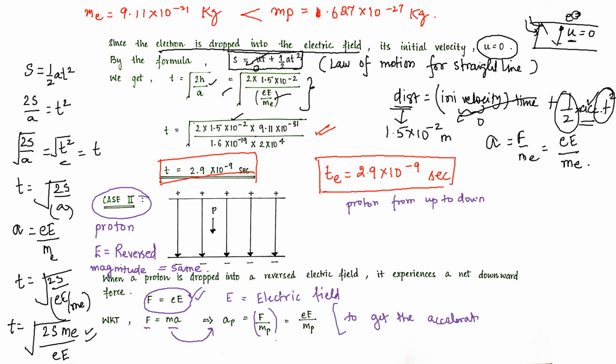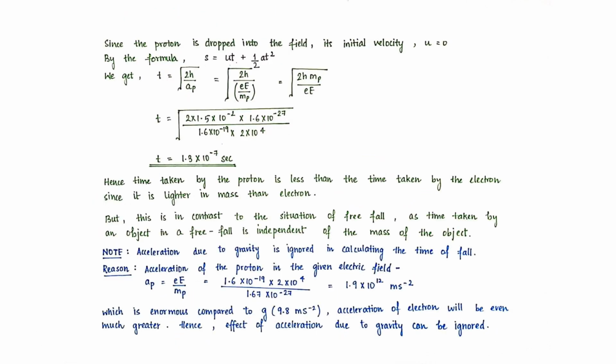Okay, now again we will substitute all the values of e, E and m_p to get our value for acceleration, and then again using the motion equation we will get the value of time required by a proton to come from the upper end to the lower end.